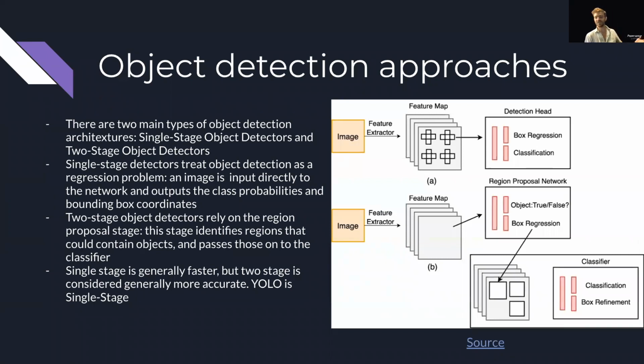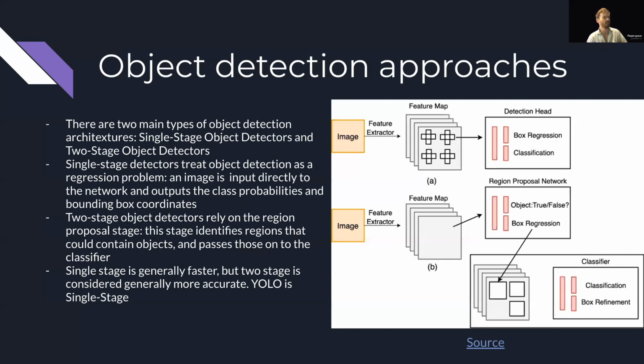So object detection has 2 main approaches in the school of object detection, I suppose. They're single stage and 2-stage object detectors. And in this graphic I have here, A represents the single stage versions and B represents the 2-stage. Single stage object detectors treat object detection as a regression problem. An image is input directly to the network, and it then outputs the class probabilities and bounding box coordinates.